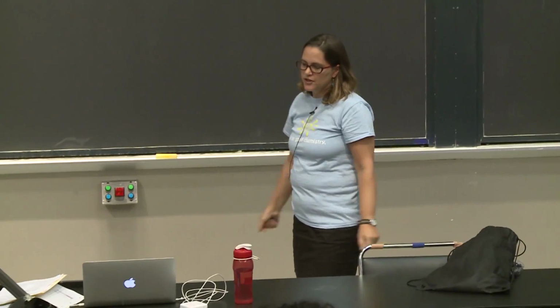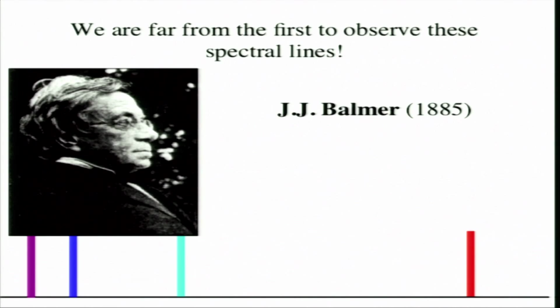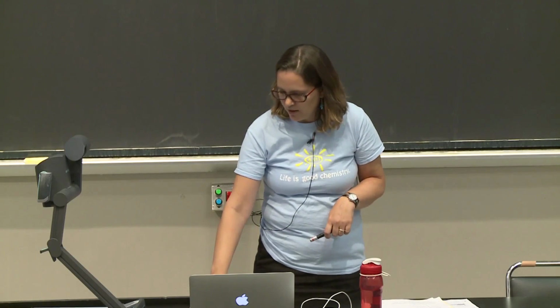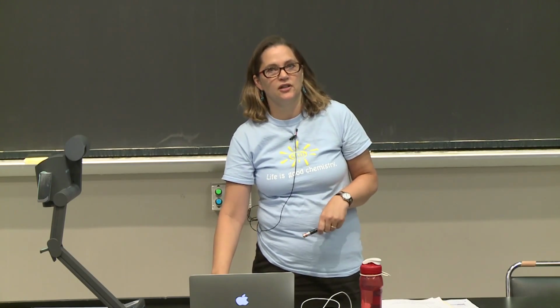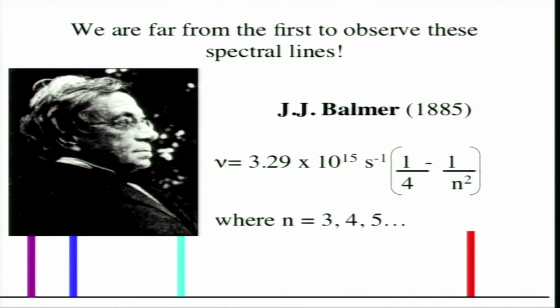So this is what you should have seen. You should have seen this series of colors coming off. We're not the first people to see it. J.J. Balmer in 1885 reported seeing these colors. He wanted to calculate the frequencies of the lights that he was seeing emitted, and he tried to figure out the mathematical relationship between the different frequencies.